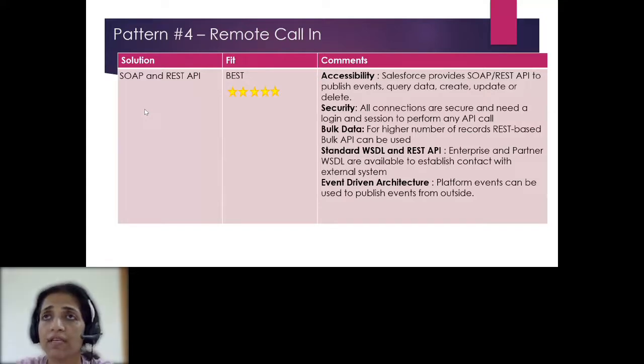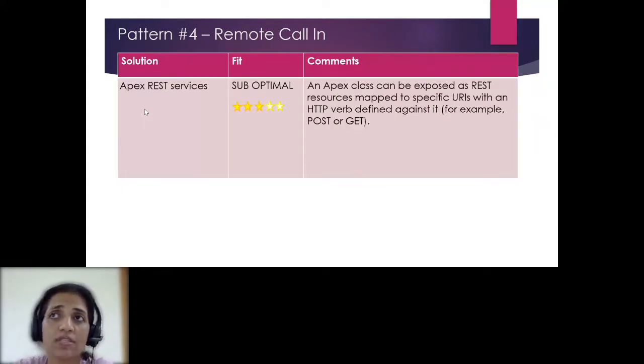The suboptimal way is to have Salesforce host a custom REST service, so that becomes an Apex class which has REST resources mapped to certain URIs, which you share with your external system as part of your contract agreement, and then they can make that call out to you.